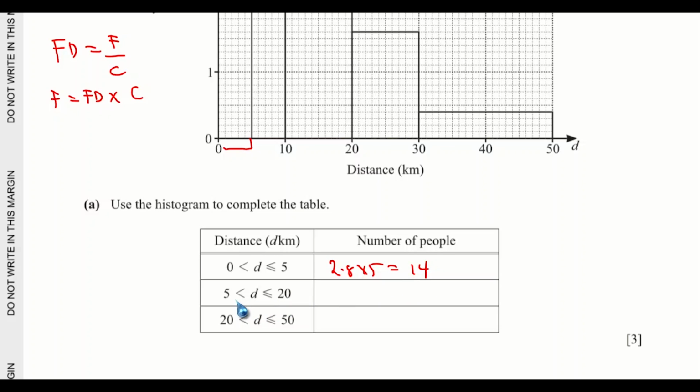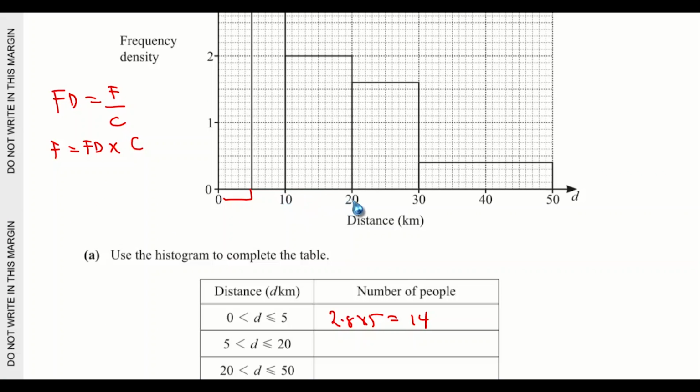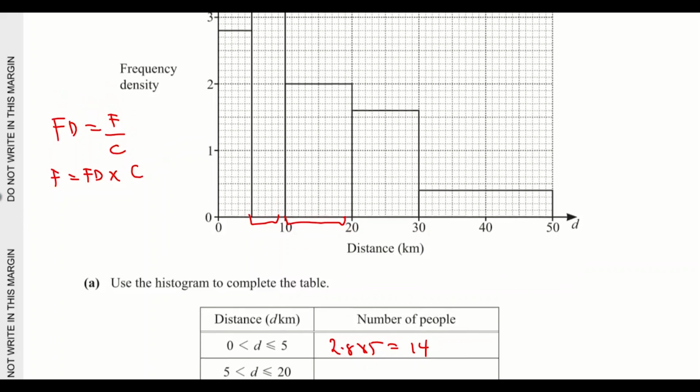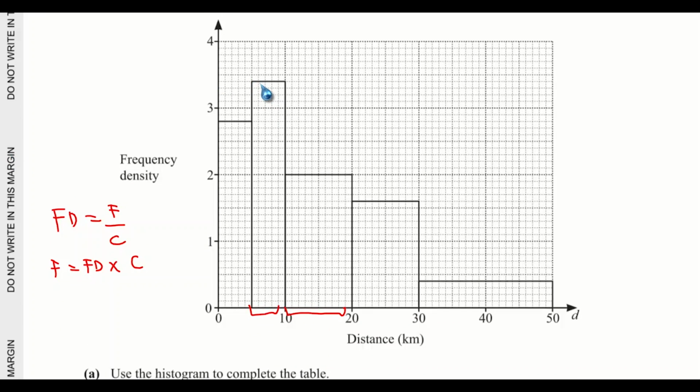From the next one, it will be from 5 to 20. But we don't have 5 to 20 directly. So what we do, let me erase this, is do 5 to 10, then 10 to 20, then add the two together. For 5 to 10, the frequency density is 3.4 times the class size, which is 5.